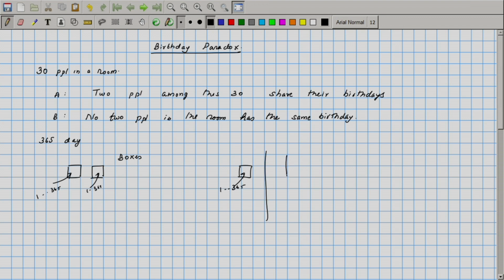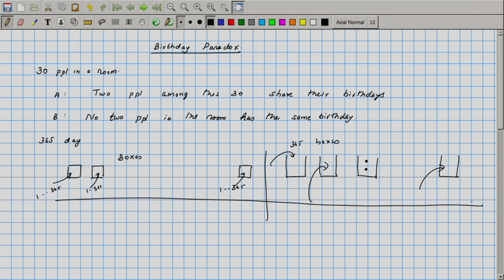Another way of thinking about the same thing is you have 365 boxes and each person is being put into one of these with equal probability, and we want to compute the probability that there is a particular box with 2 people. Okay, we are essentially recasting the same problem in different ways.